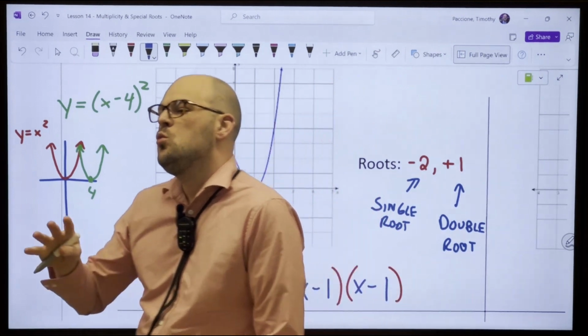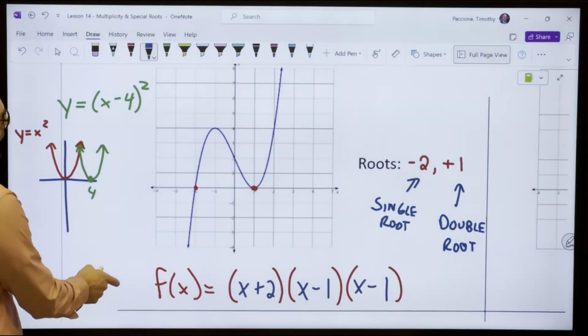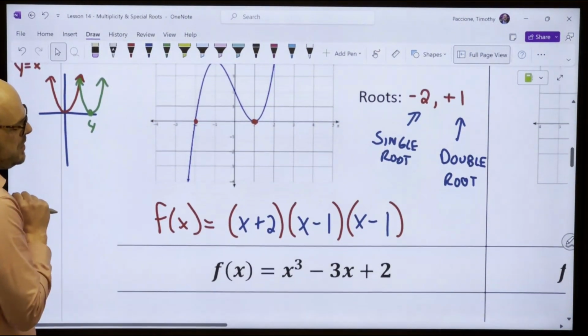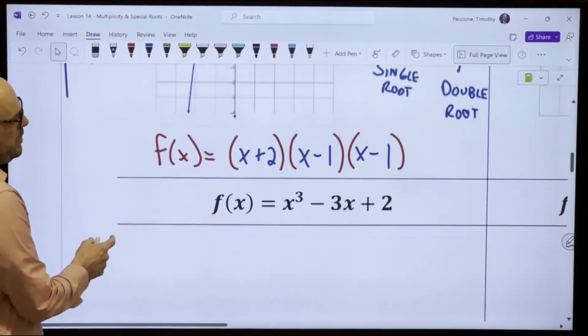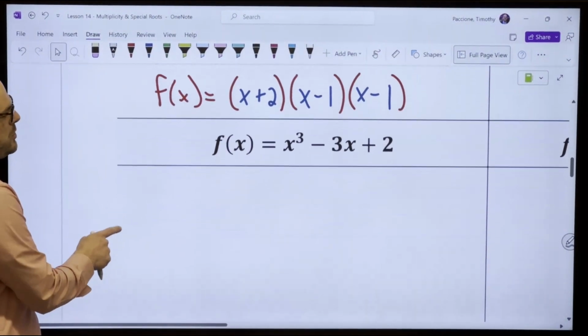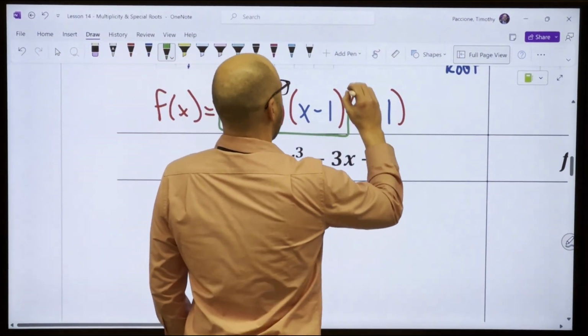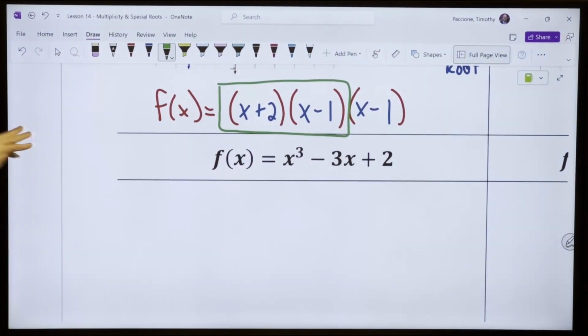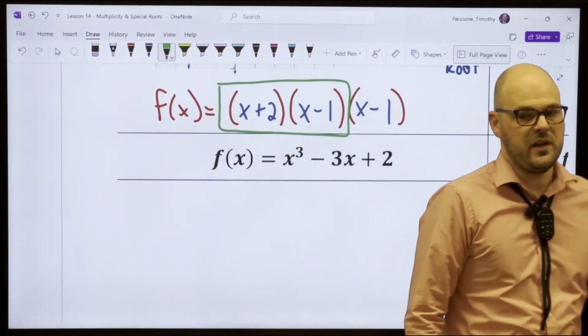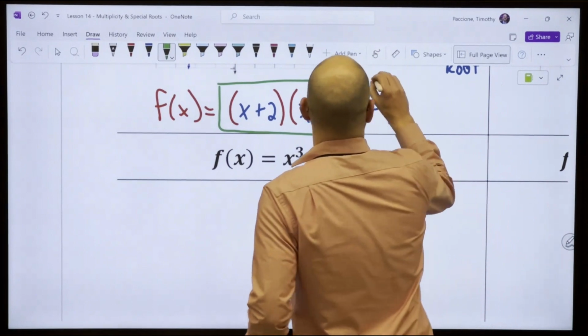Now, here's a little bit of a check that we can do to make sure that we're not just guessing and figuring this thing out. What if I didn't tell you what the other root was? You know from your experience you got at least x plus 2 and x minus 1 there, but this part was still a question mark.